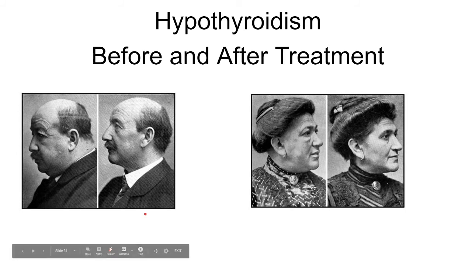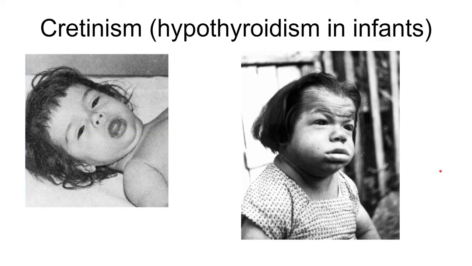So if somebody is experiencing hypothyroidism and they realize what's going on, they go to a doctor, and the doctor helps them to fix this, then they can actually lose weight, and it can also fix their hair, nails, things like that. So you can see the difference of the before and after picture for each person here. You can also have it happen in infants where you have other issues as well.